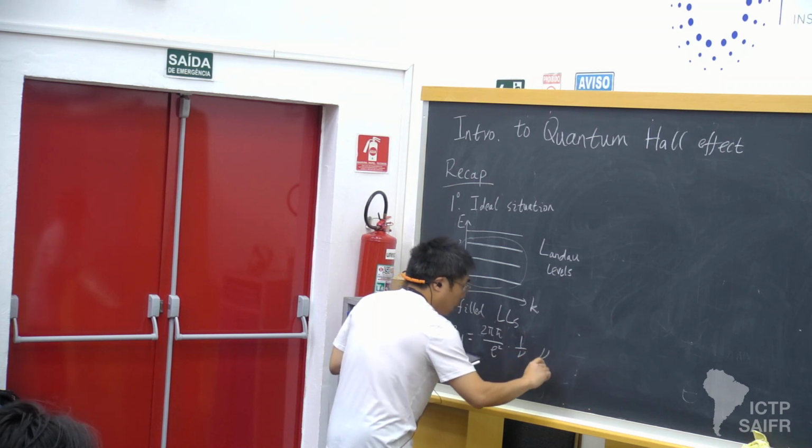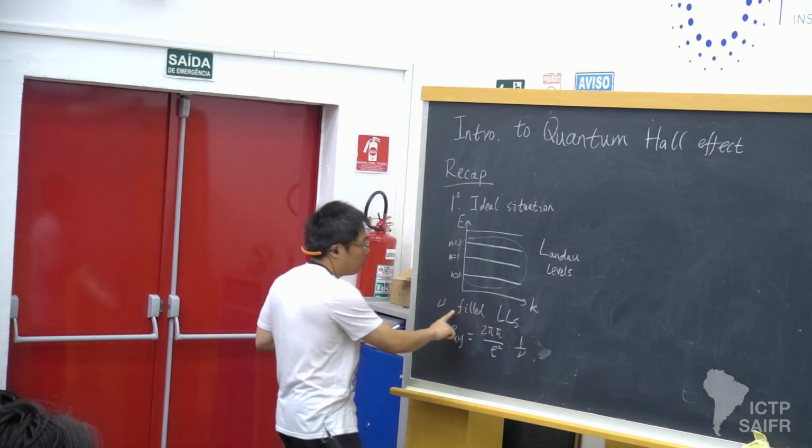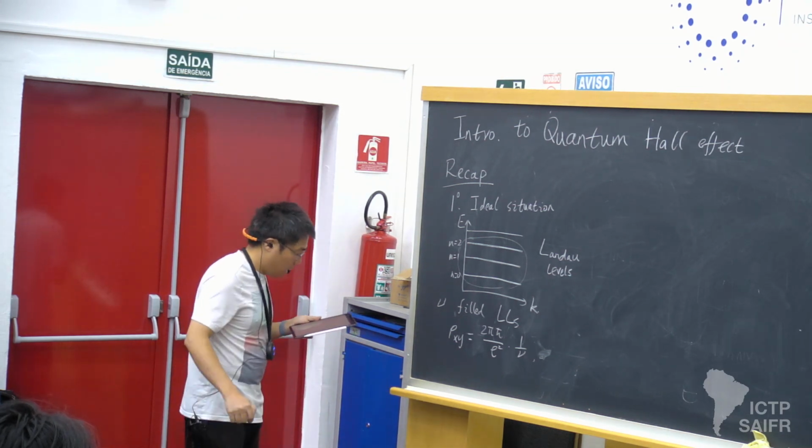And ν is really just the number of Landau levels that we occupy, right?